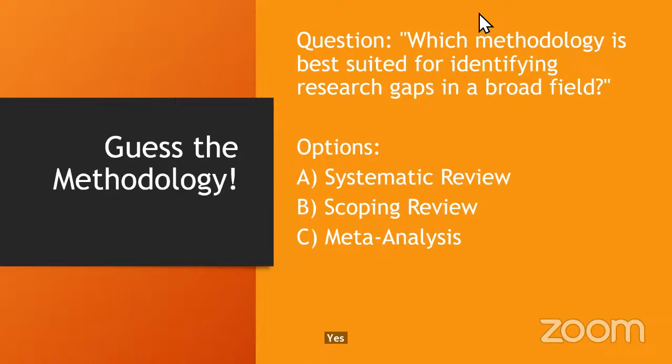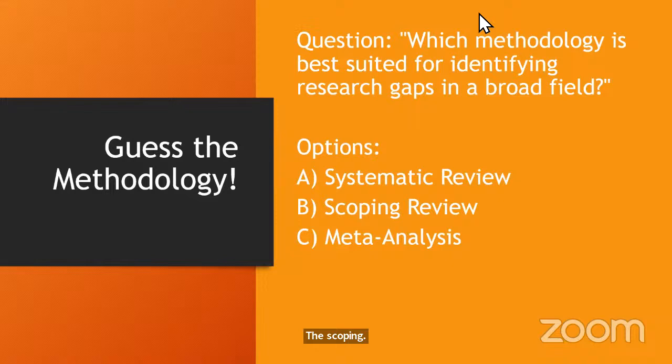We have been made to understand that scoping reviews are used to identify research gaps, but systematic reviews are usually used when you want to find a solution or evidence to solve a specific problem. But once you want to identify a research gap, you may want to do the scoping, broader in nature.